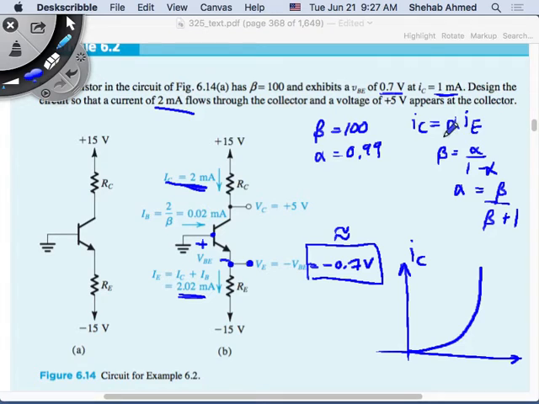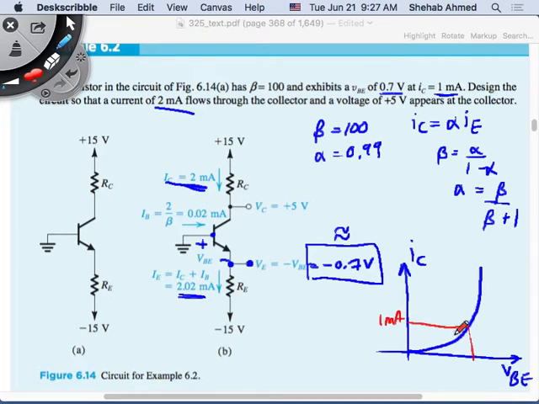Why can we use either this or that? Because at the end we're going to find the ratio, right? We're going to utilize this characteristic to find the voltage across the diode. What voltage across which diode? It's the base-emitter voltage, VBE, which we're trying to calculate, right? Here we have two operating points. One operating point is 0.7 volts and 1 milliamp.